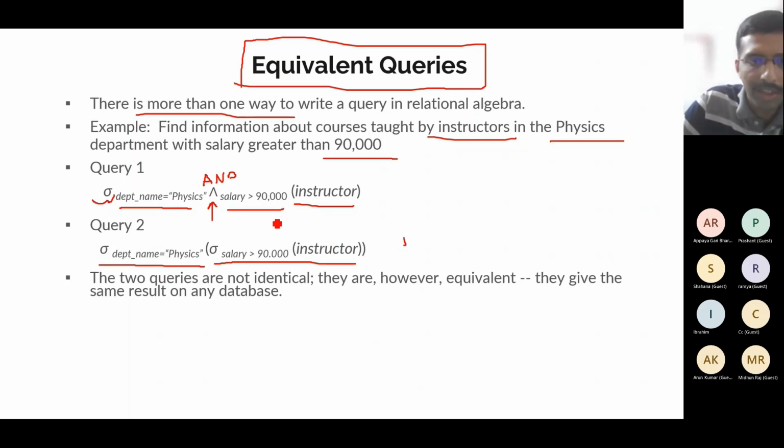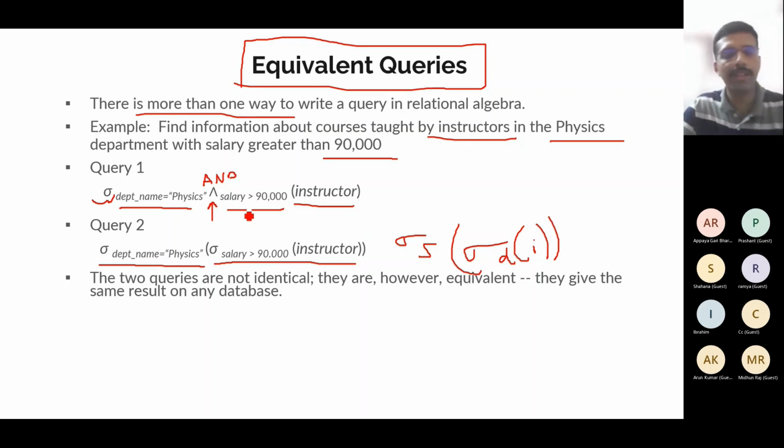So the other way is sigma with the salary, and inside it sigma with the department name, on instructor. That's also possible. So you can see there are multiple ways in which I can implement this particular operation that I want.